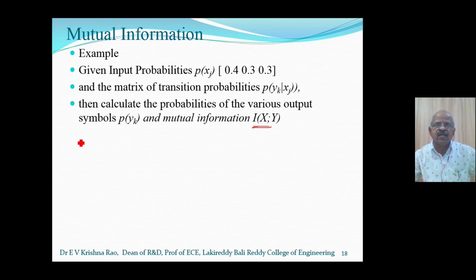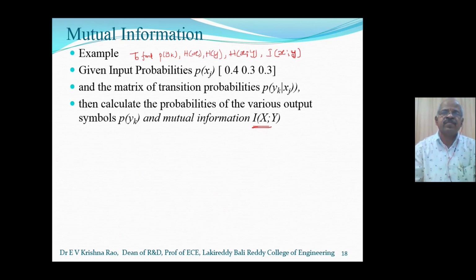The example is to find the output probability, the average information of input and output, the joint entropy H(X,Y), and the mutual information I(X,Y). So this is the example.